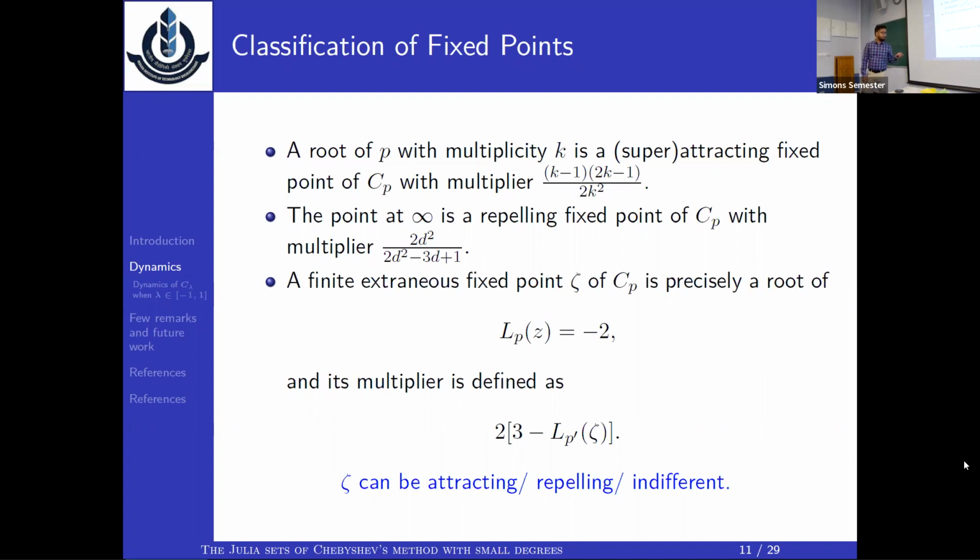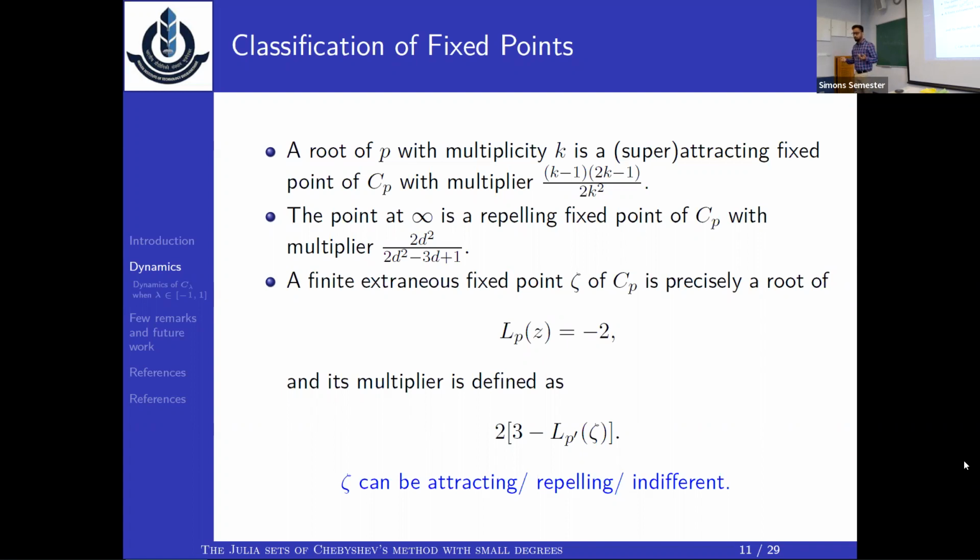Actually, this property makes the Chebyshev method special compared to other root finding methods like conics. In the conics method, all the extraneous fixed points are repelling. And the problem is, if we have an attracting extraneous fixed point, then it will have a basin of attraction. So you may have a point that will converge to a point which is actually not a root of P. In this scenario, the motivation of the root finding method fails.